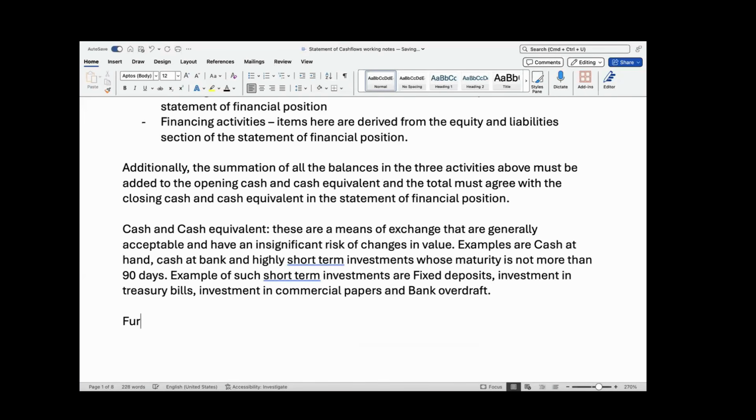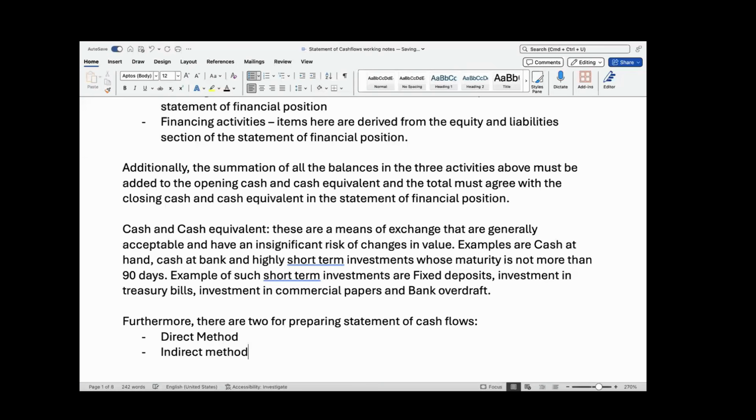Furthermore, there are two methods for preparing statement of cash flows. We have the direct method, we have the indirect method.